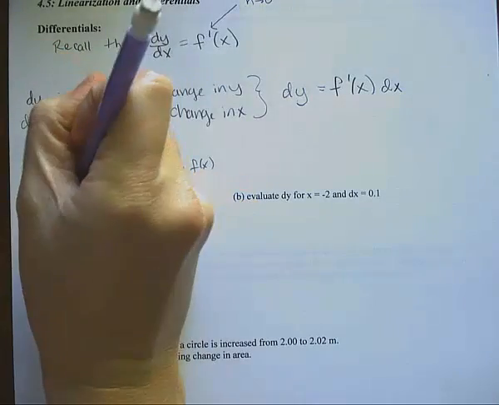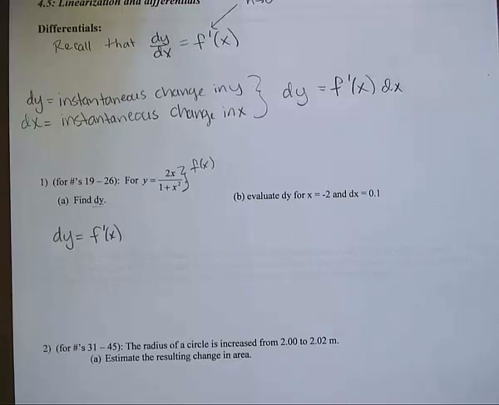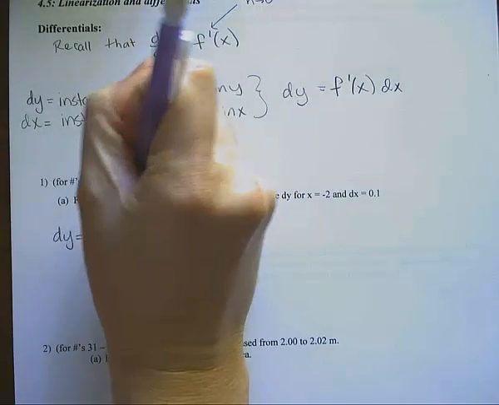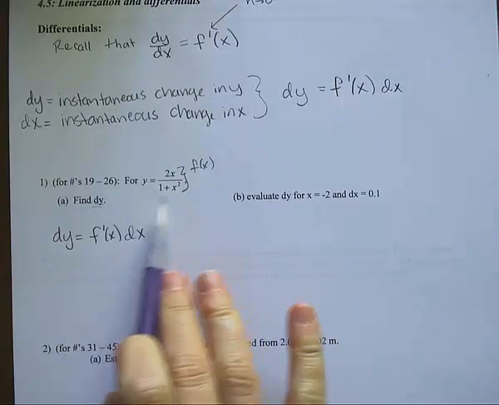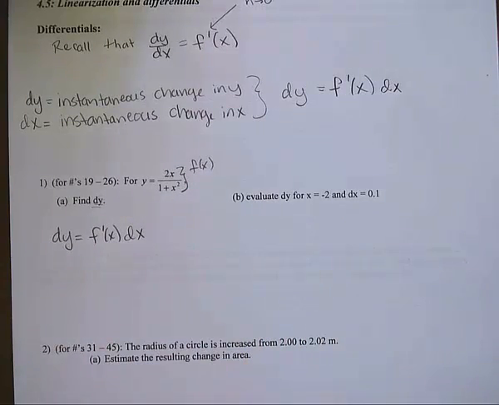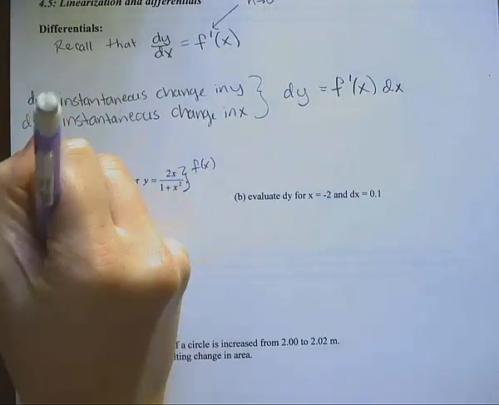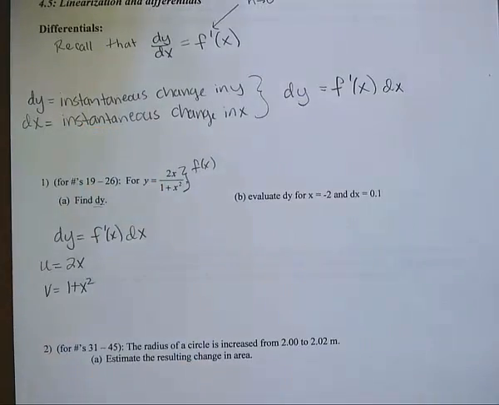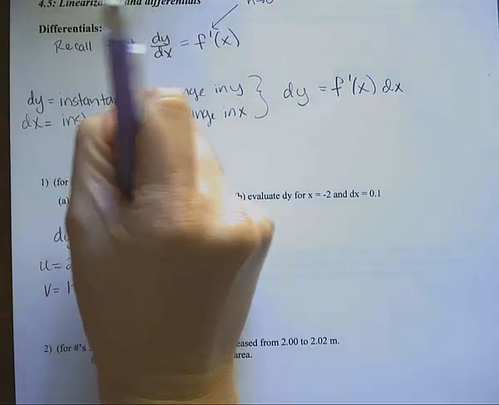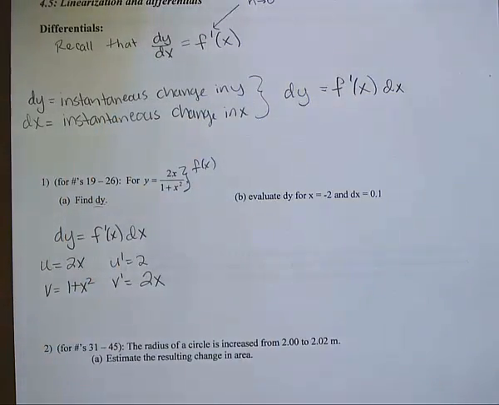And so I have to remember that that's simply equal to the derivative of the function at x times the instantaneous change in x. So I'm going to go ahead and find the derivative of this, which will require using quotient rule. So u would be 2x, v would be 1 plus x squared, u prime would be 2, and v prime would be 2x.